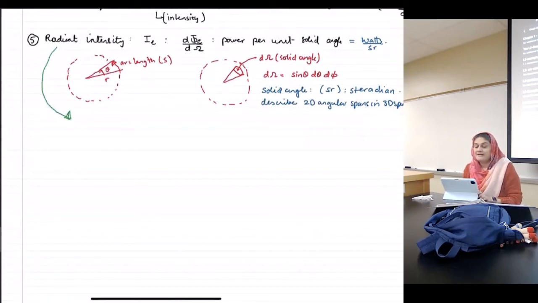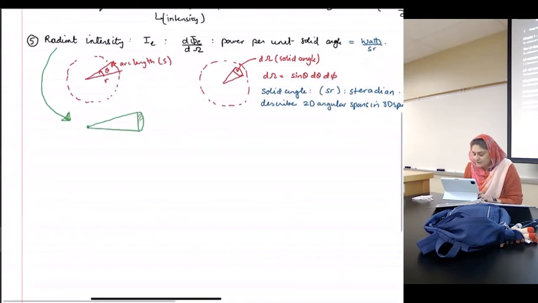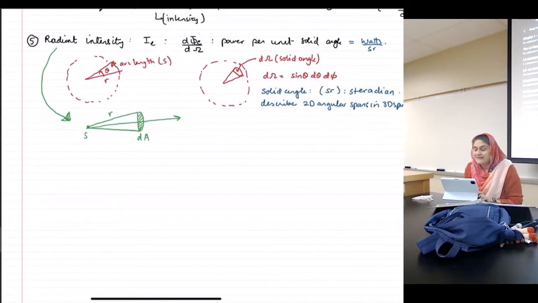So radiant intensity is if this is a source and this is your area and this is the radius R. Think of this central ray going forward. This is your dA, and that defines what your d omega is.